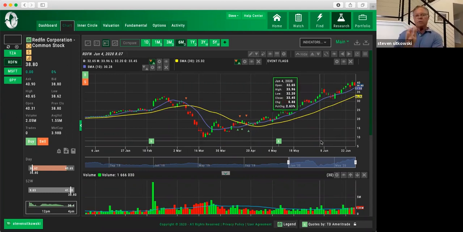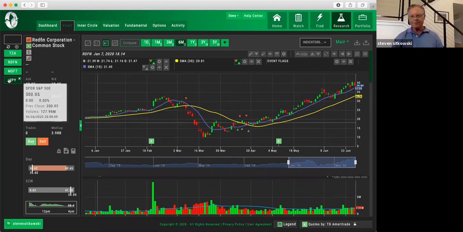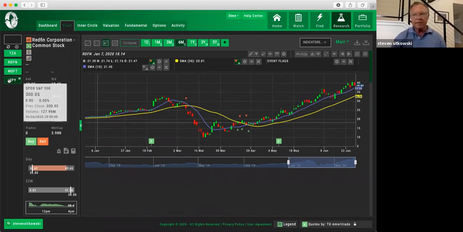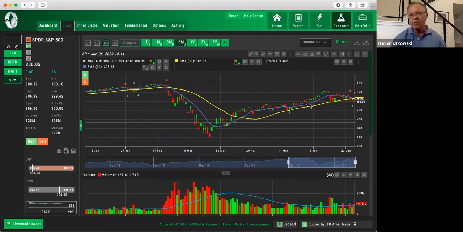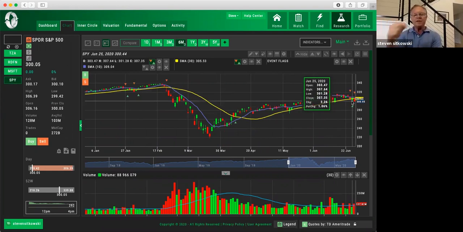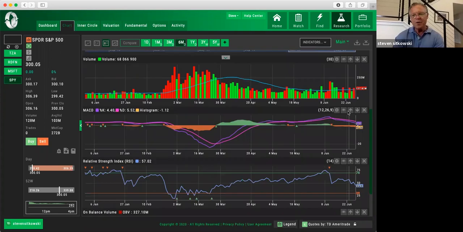So what seems to me, and let's look at the general stock market. This is the S&P 500. Notice what is happening. It looks like, yep, right there, we see that the 10 is crossing below the 30, meaning that the S&P, now it's just barely, is no longer bullish.